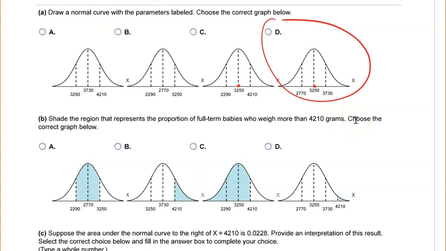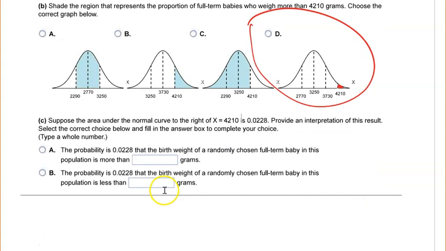Obviously the answer is this one, because this area represents more than 4,210. That's the answer. The other one isn't, because that's not at the mean, since we have mean 3250.